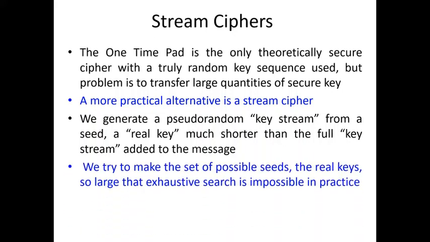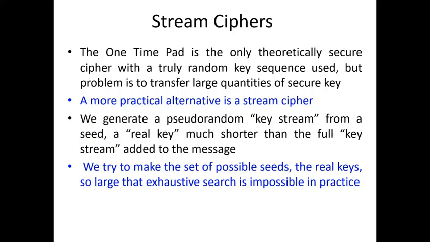We try to make the set of all possible seeds, real keys, everything so large that brute force or exhaustive search will not be possible in practice. Even if I use brute force, I won't be able to find the key because we make the complete group of key values very large.